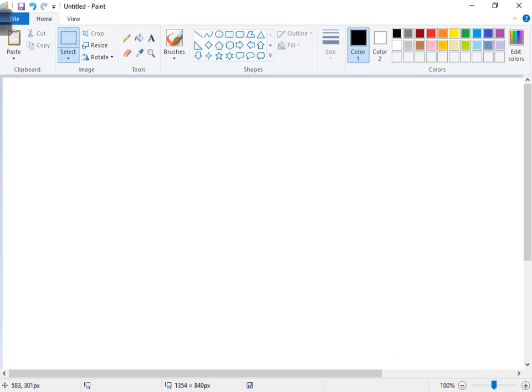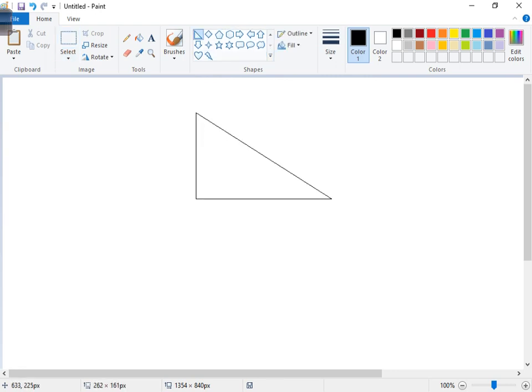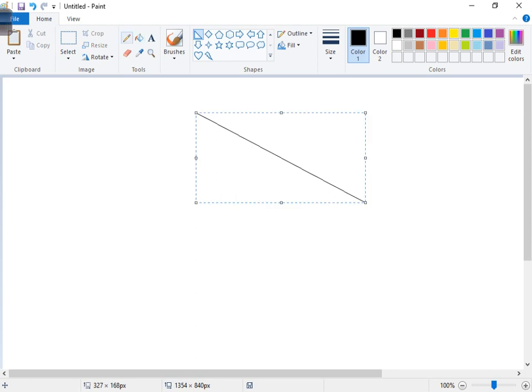Now let's move to more things. If we have a right angle triangle like that, and we have this angle, we call it theta, a Greek letter from the Greek alphabet.